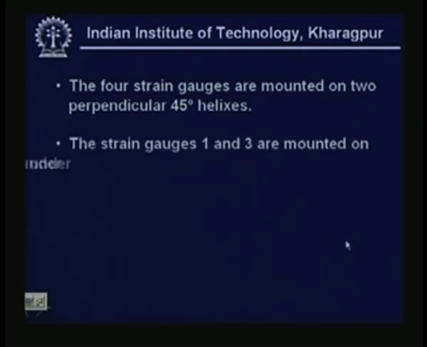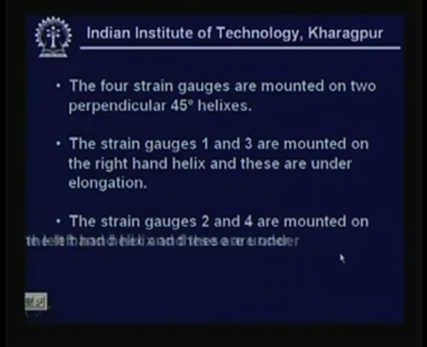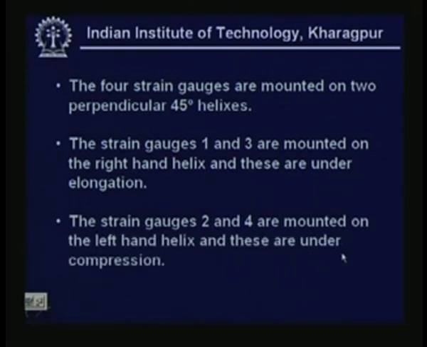Strain gauges 1 and 3 are mounted on the right hand helix, and these are under elongation. Strain gauges 2 and 4 are mounted on the left hand helix, and these are under compression.